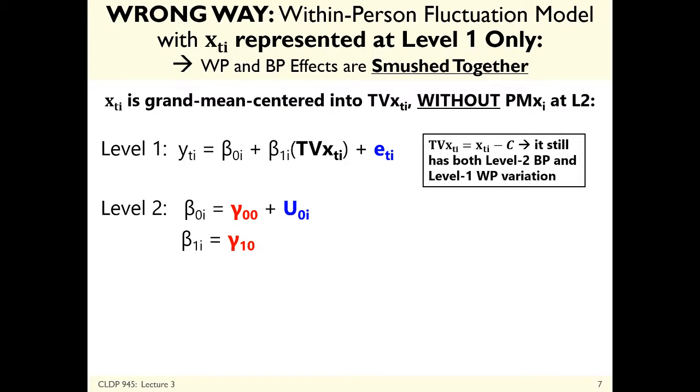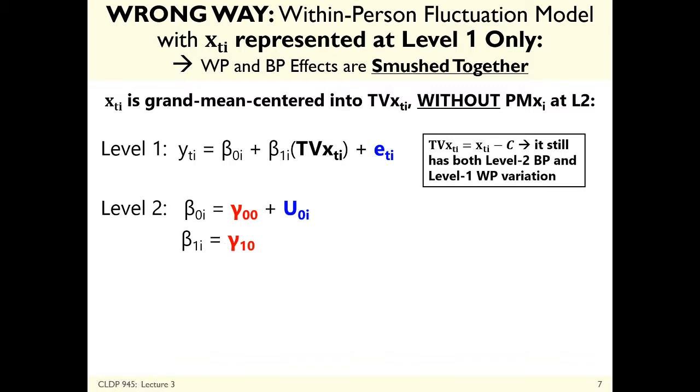If this variable already had a meaningful 0, you wouldn't even need a c, but if it doesn't, you subtract a constant. So I just go ahead and stick that time-varying x in my level 1 model, and I have a fixed effect for it. What's the problem? Well, if time-varying x has level 1 variance in it only, this is fine.